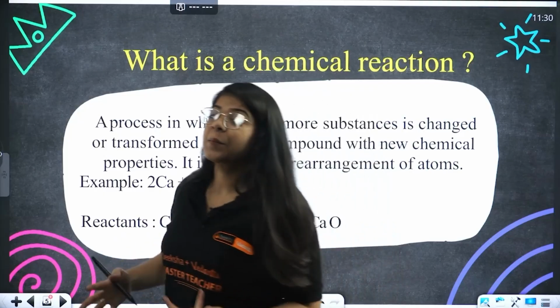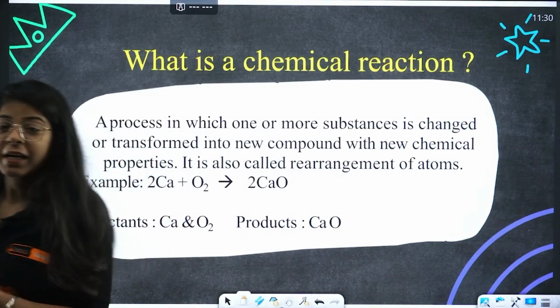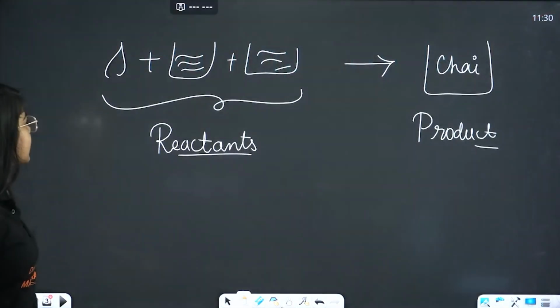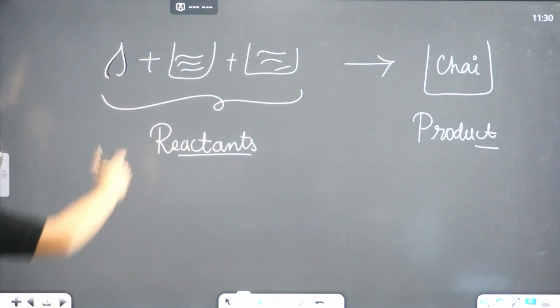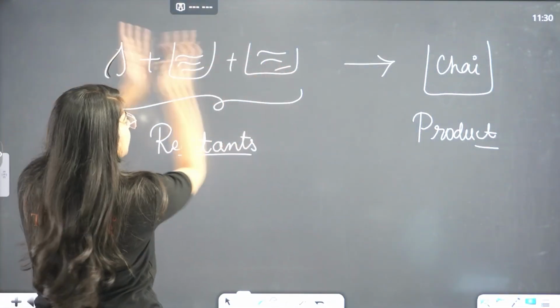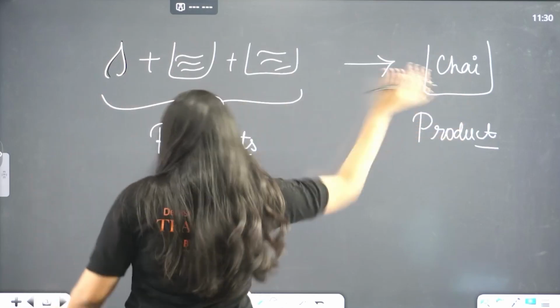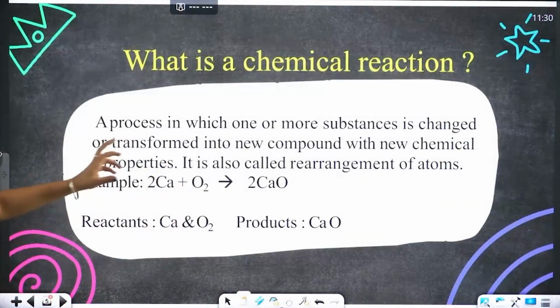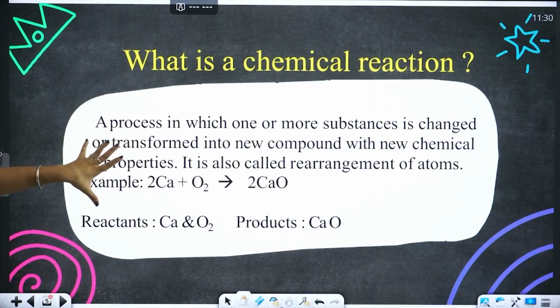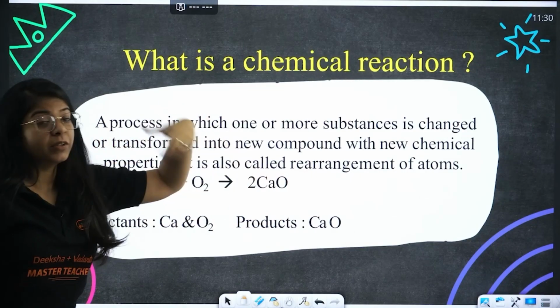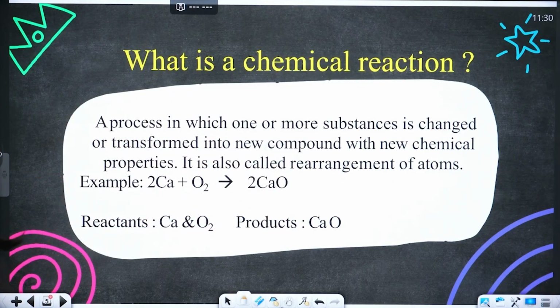Now let's start with our very first question: what is a chemical reaction? A chemical reaction, bacha, is a process in which two or more reactants combine together to form a product, in which one or more substances are changed or transformed into a new compound with a new chemical formula or new chemical properties.